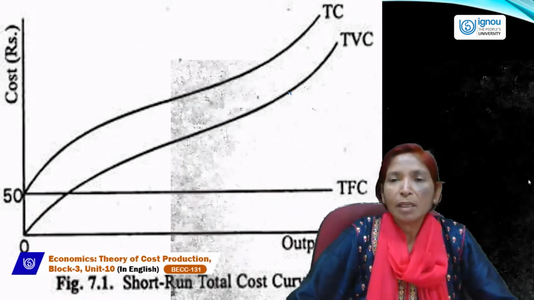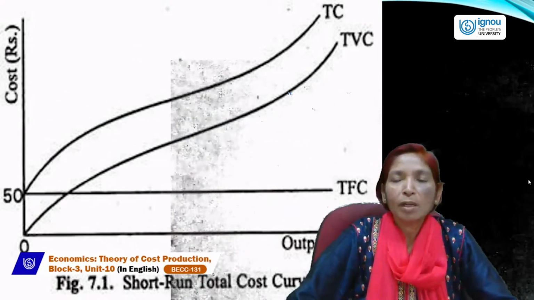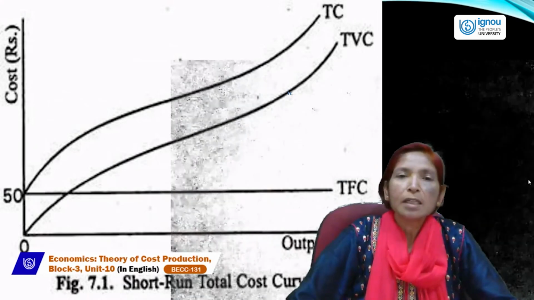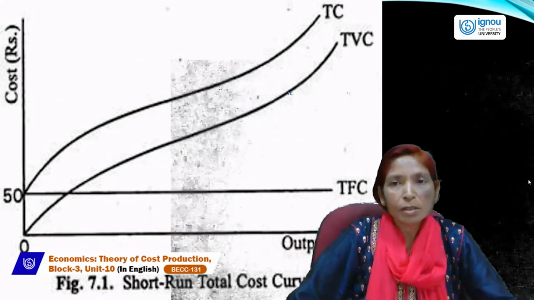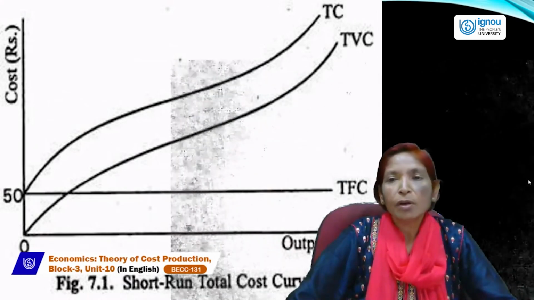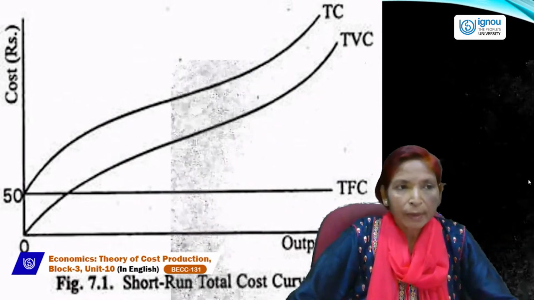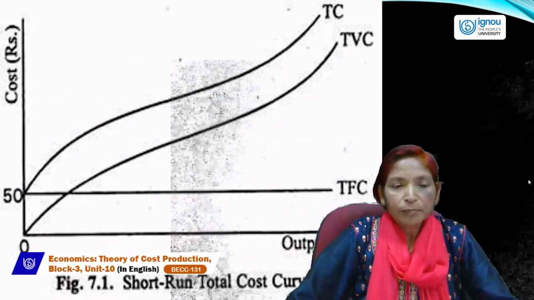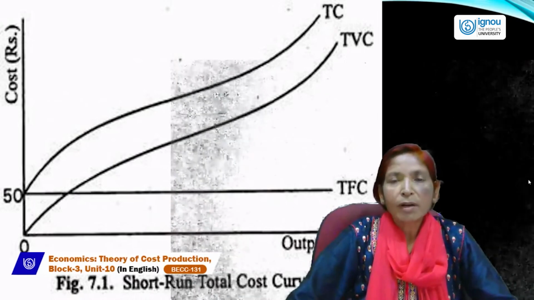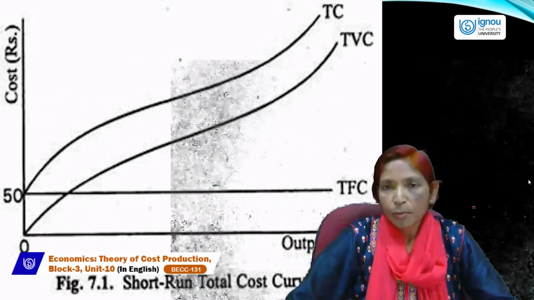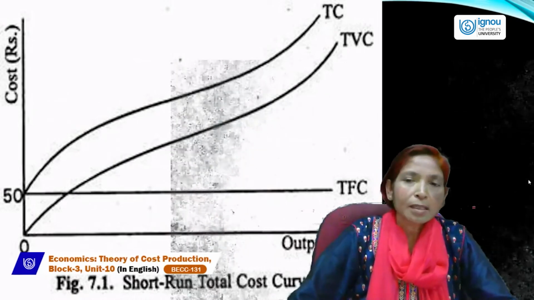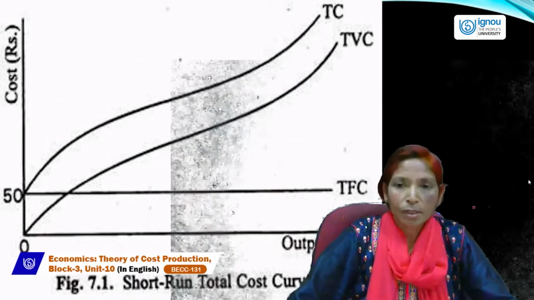Next is TVC. TVC shows total variable cost, and TC represents total cost, which is the sum total of fixed cost and variable cost. In this diagram, on the x-axis, we will write output, and on the y-axis, we will take cost.